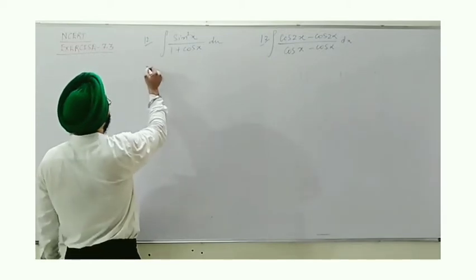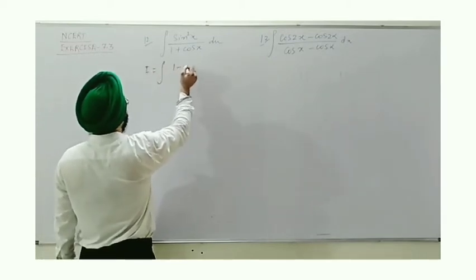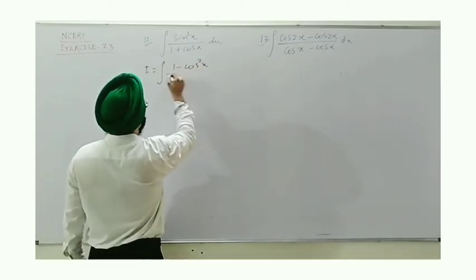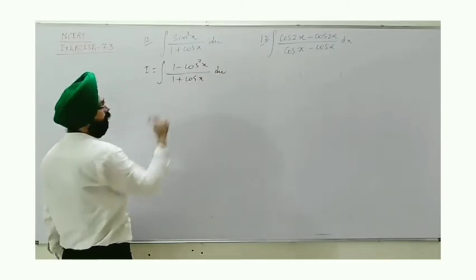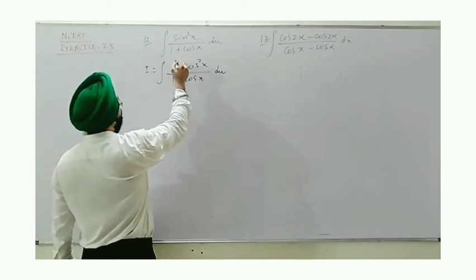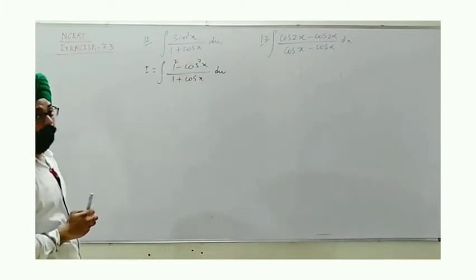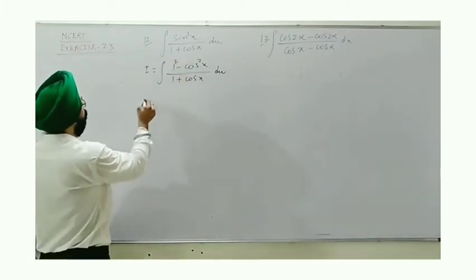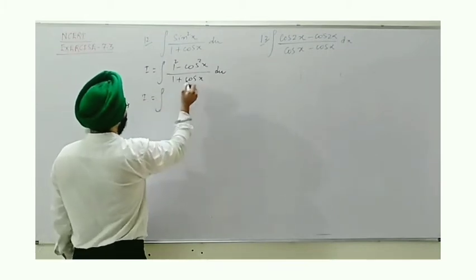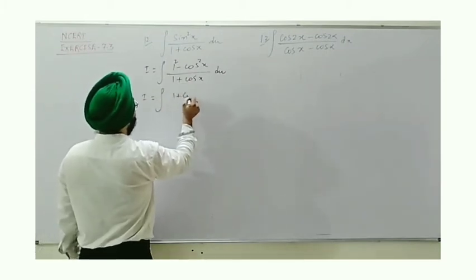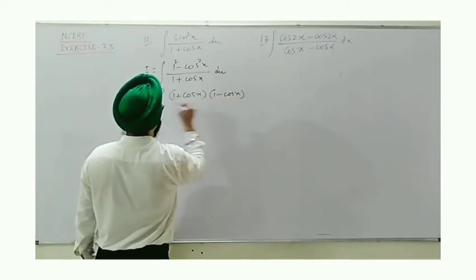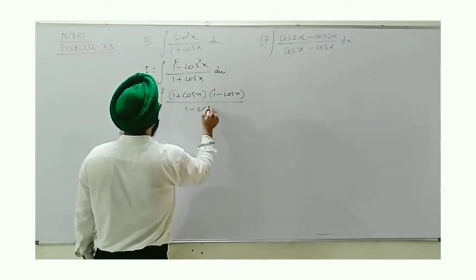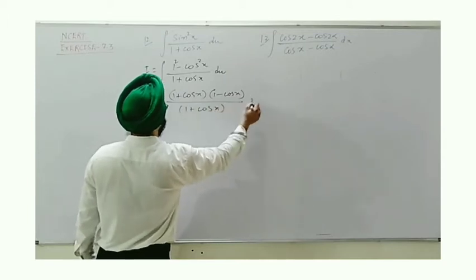I can write the numerator as 1 minus cos square x upon 1 plus cos x. Writing 1 as 1 square doesn't matter, but it looks like a square minus b square, so 1 plus cos x is hidden in this identity, a plus b times a minus b, and we are having 1 plus cos x dx.